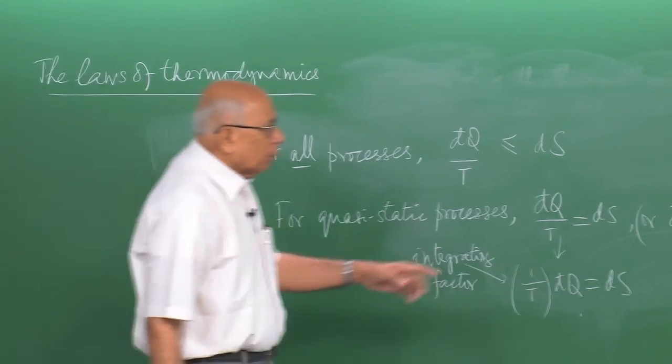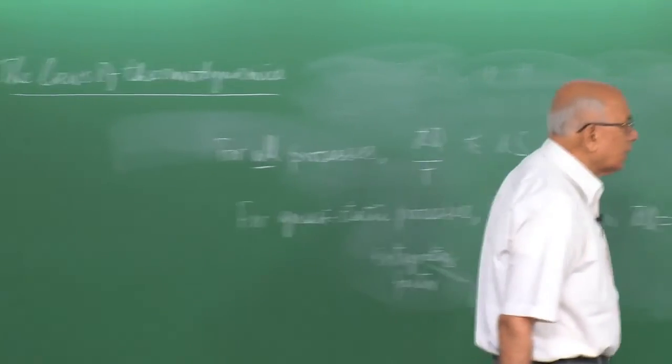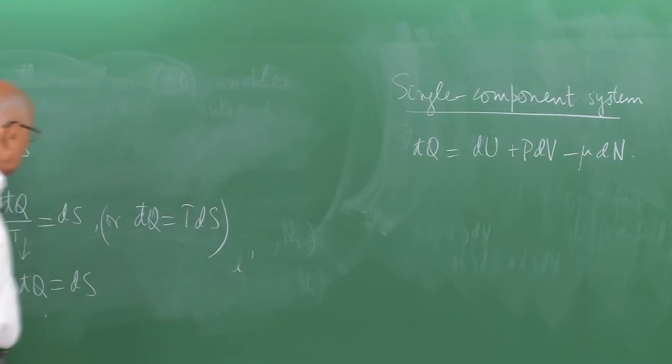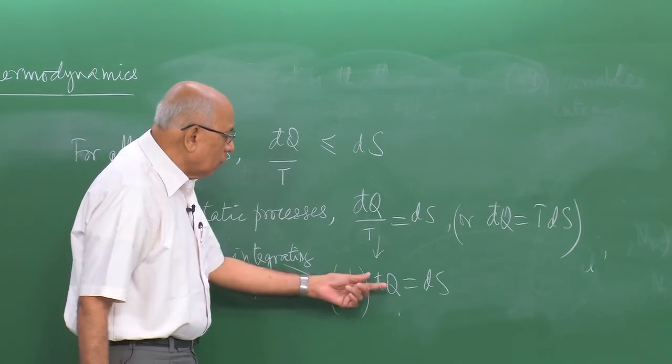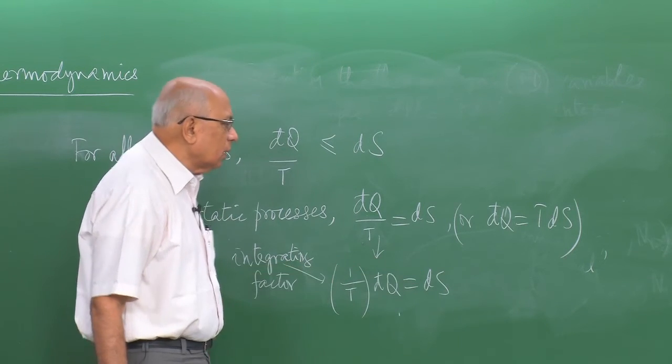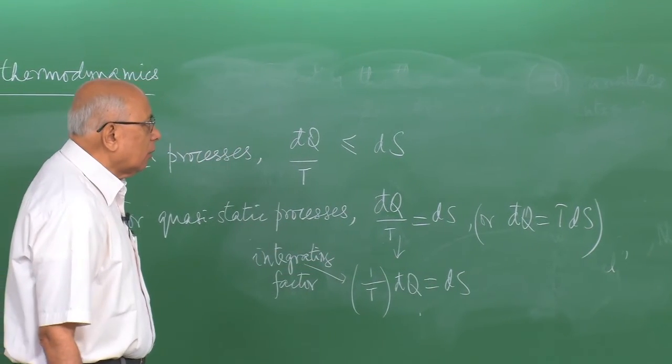Just as 1 over P was an integrating factor which multiplied dW to give you dV, in exactly the same way dQ, this imperfect differential, multiplied by this integrating factor gives you the differential of the entropy.